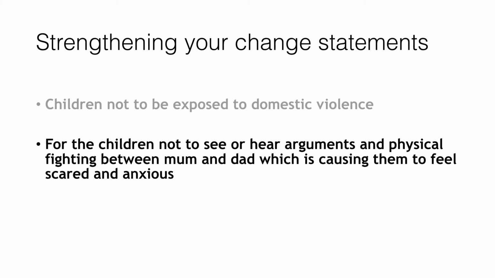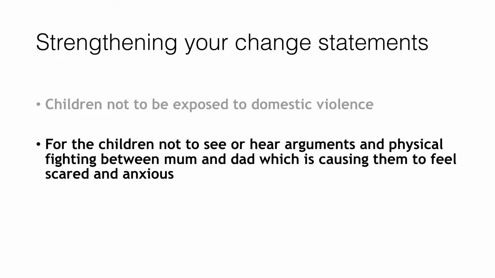This second statement strengthens the first statement. It avoids using the label domestic violence, describes what is happening and what impact this has on the child. If we use the principles of a good change statement, this is personalised, written with the family in mind.